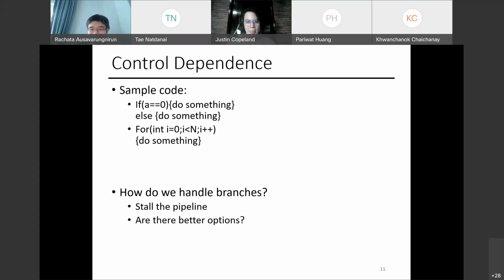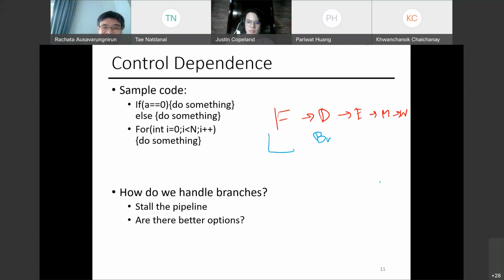At what stage? Decode, right? So you have fetch, then decode, then execute, memory, and write back. So you know this is a branch, right?